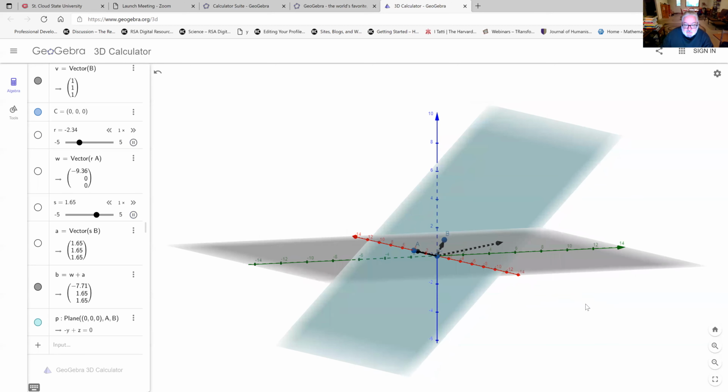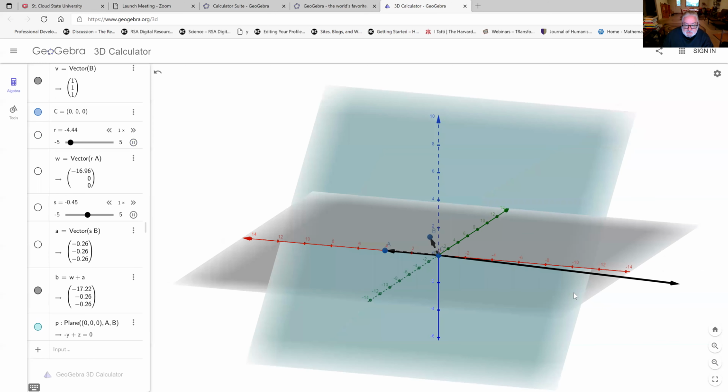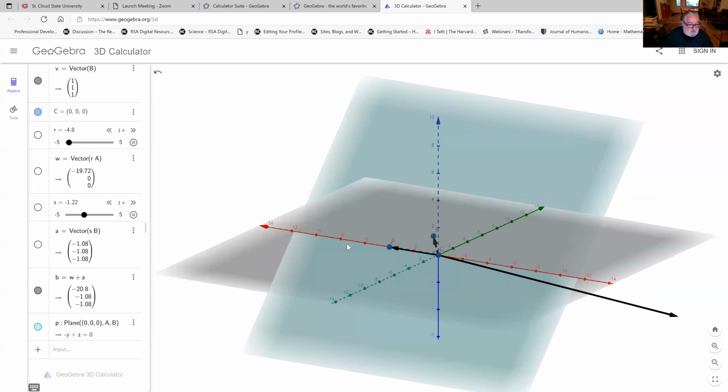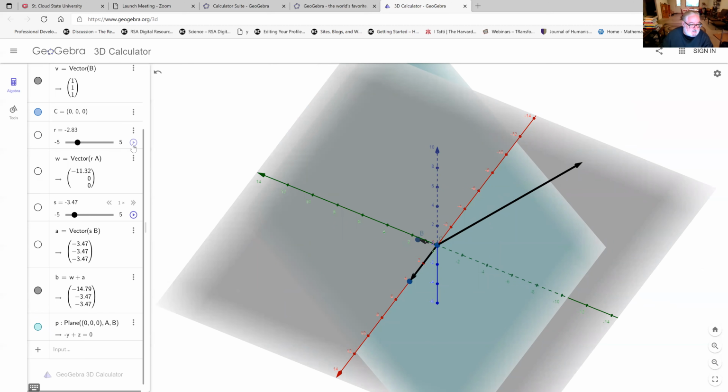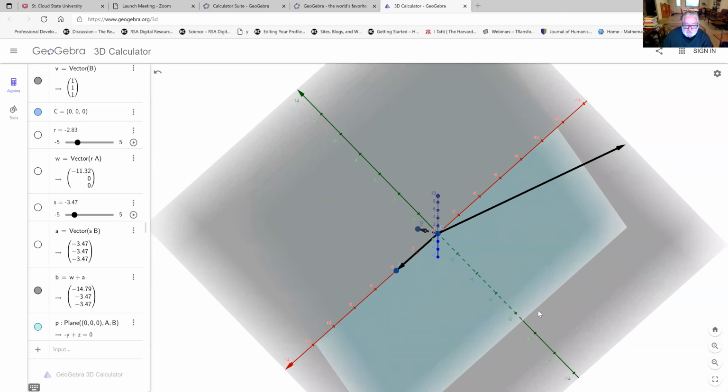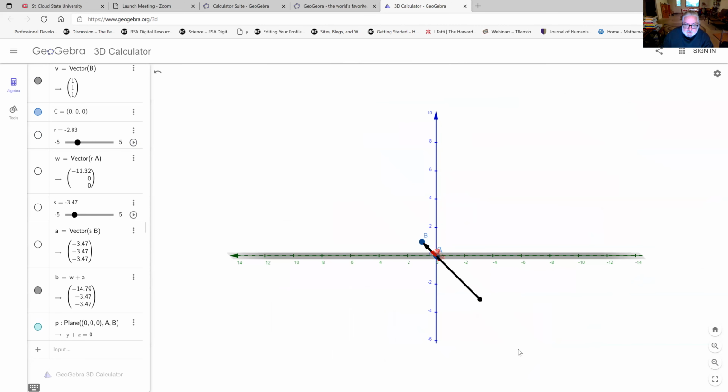If we look at the plane edge on, if I can do that, I should stop this because it's making the, there we go. If we look at the plane edge on and we start looking at these things, the vectors are always on the same plane, which we can't see because it's edge on.